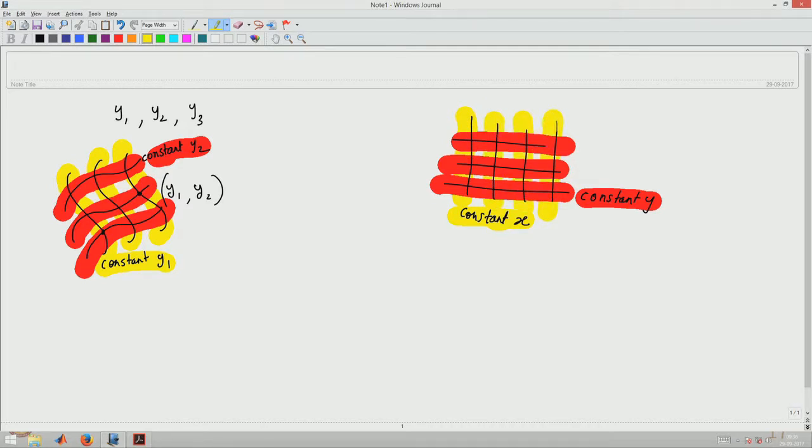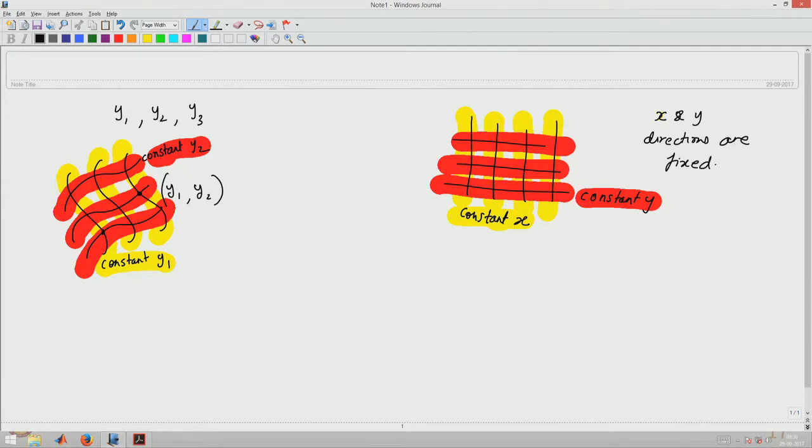The only thing is that these quantities remain fixed in the case of a rectangular coordinate system, so the x and y directions are fixed.